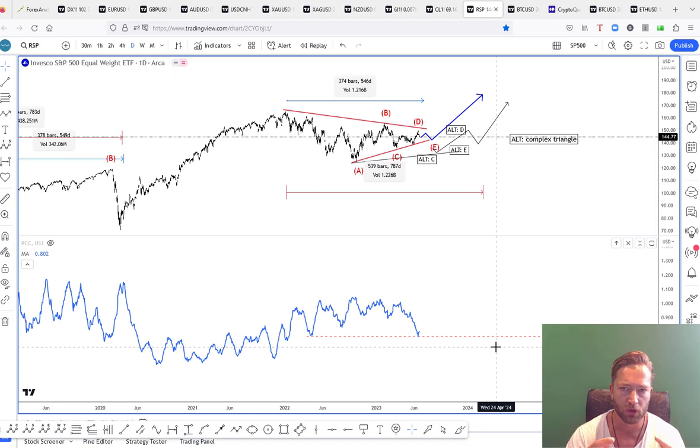If we have a lot of puts, it means that most likely investors are worried that there will be more downside on the stock market. If we have a lot of calls, it means that investors are confident that there will be higher prices, and that's what they are betting on with calls.